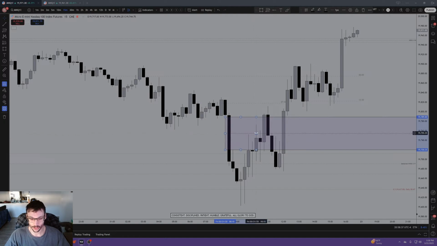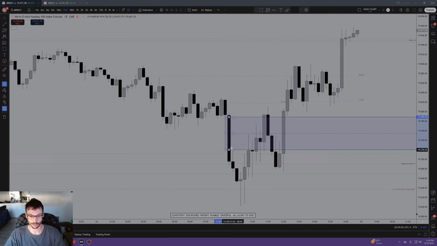You can see how when it first comes up to it, there's some rejections away from it, right? Now it ends up getting crossed through, and then they play off this down here, which we'll go into later, and then it comes back up, crosses over it, and then takes off from there. So it doesn't hold for very long, but that's a fair value gap.